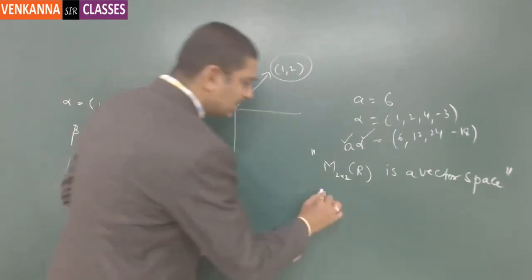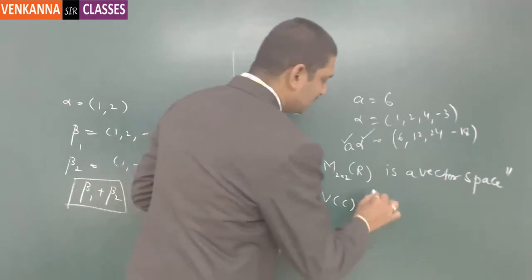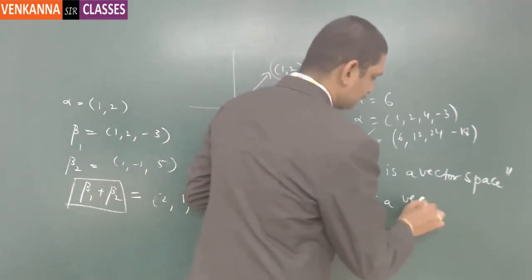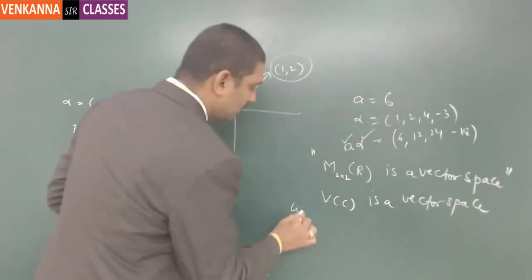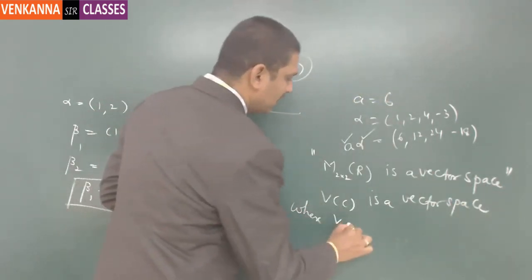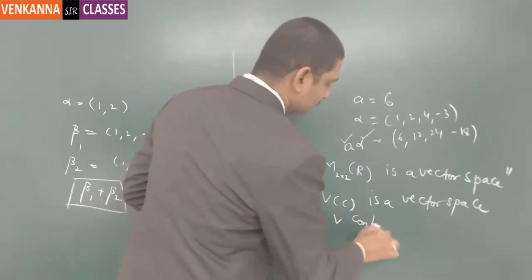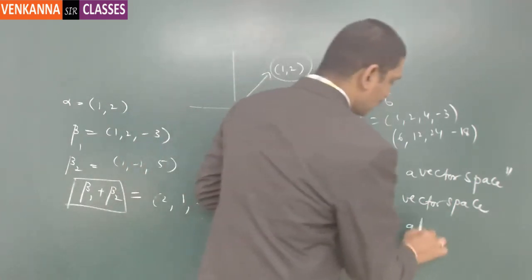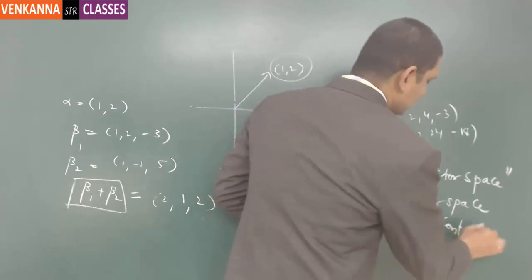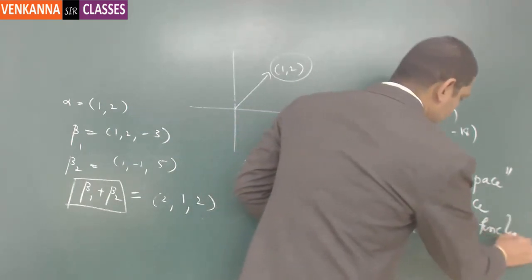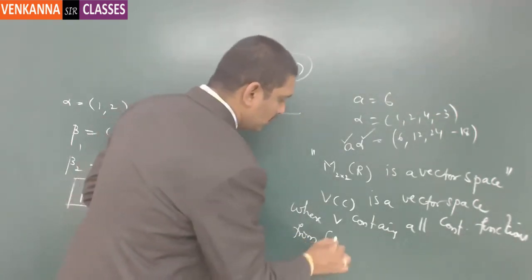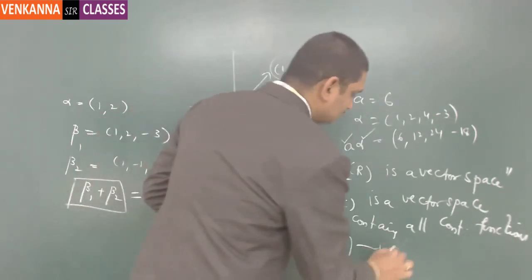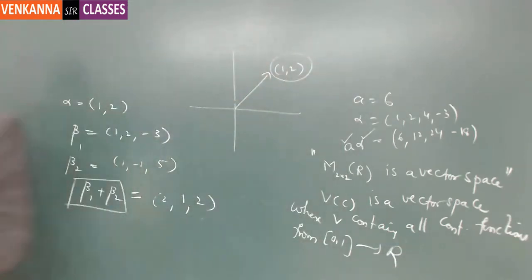So if I have written that V of C is a vector space where V contains all continuous functions from the closed interval 0, 1 to R, here C stands for the complex numbers.